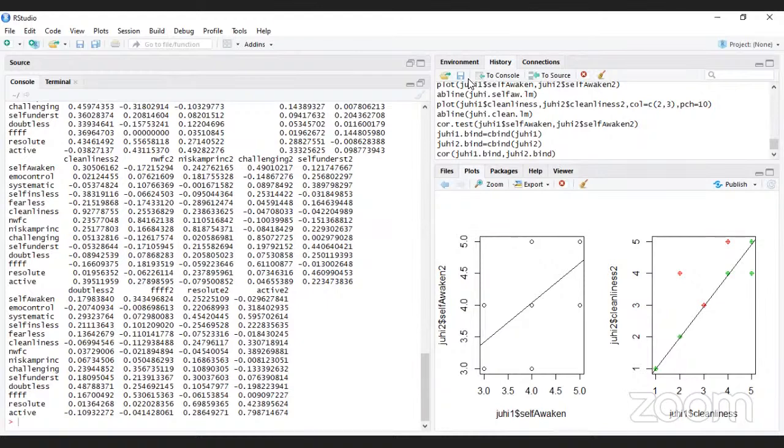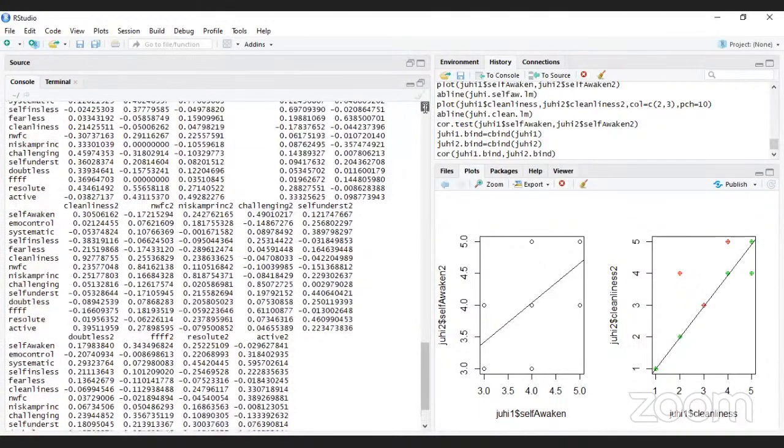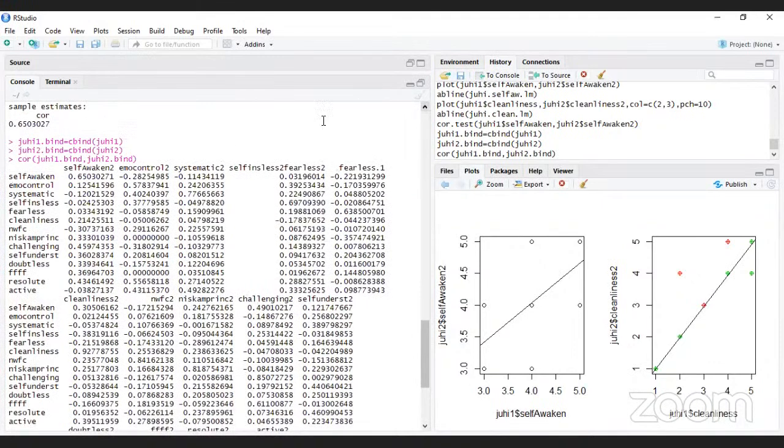Now, any question? So can we say the total reliability is weak, or each item's reliability is weak? How can we conclude? No, reliability is very high, not weak. It is 0.65.